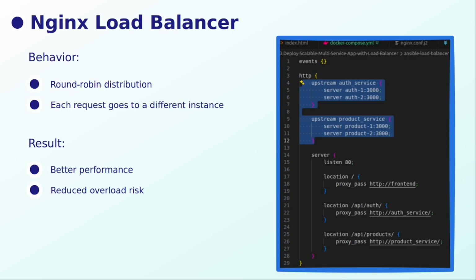Each new request is sent to a different container. Result: this improves overall performance and reduces the risk of overloading a single instance. It is a simple but powerful technique used in many real-world systems.